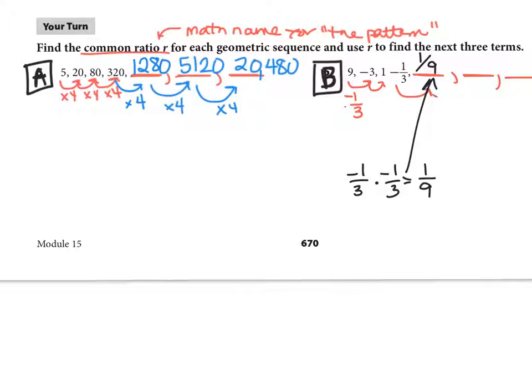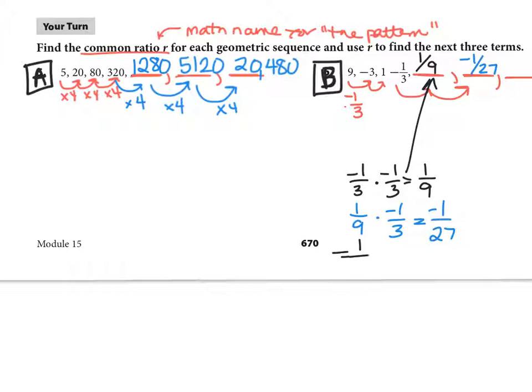And now I'm going to do that again, right? Do my pattern again. So I'll work this one in blue. So now we're going to do 1/9 times negative 1/3, which is going to give me negative 1/27. All right, and then we got to do one more time here at the end.